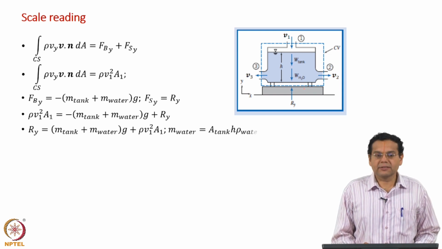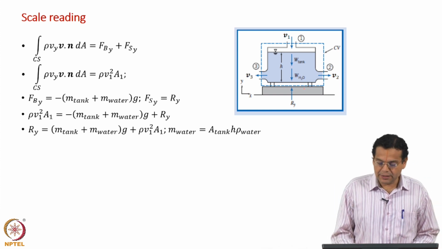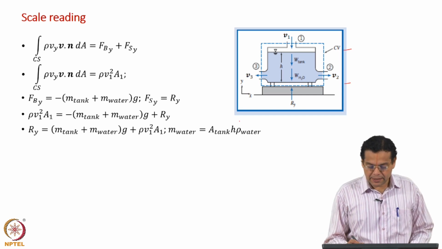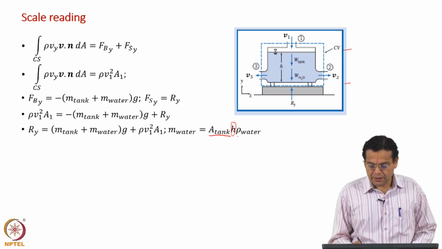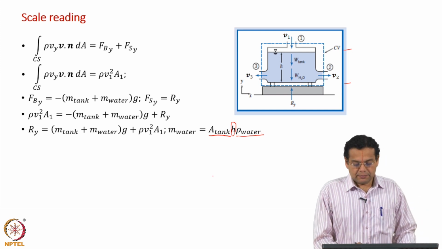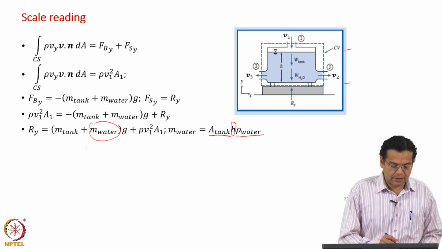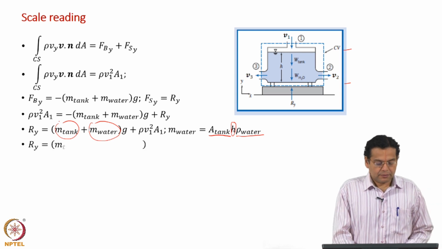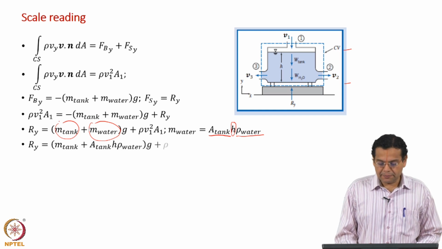Okay. Now, the mass of the water in the tank is not given directly to us, it is given in terms of the level of water in the tank. That is H multiplied by the cross sectional area of the tank, which gives the volume, multiplied by the density of water gives you the mass of water in the tank. So that is how you get the mass of the water in the tank. The mass of the tank is given to you directly. So, m tank plus the cross sectional area of the tank multiplied by H multiplied by rho water, g, plus rho V1 squared A1.